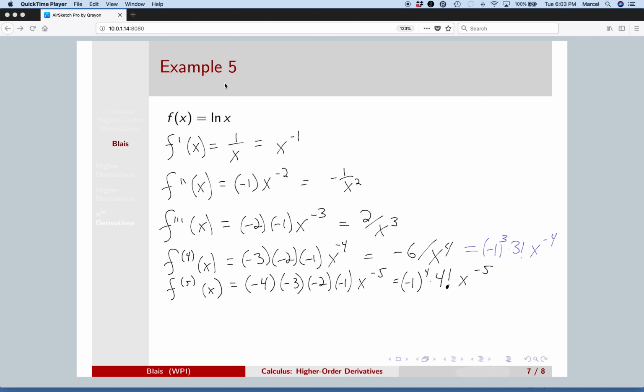Above here, we had 2 copies of minus 1 and 2 factorial. Up here, we had one copy of minus 1, and 1 factorial is defined as 1. And then in this case, we had 0 copies of minus 1.